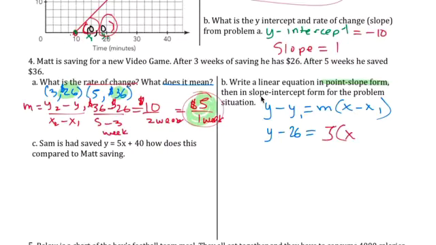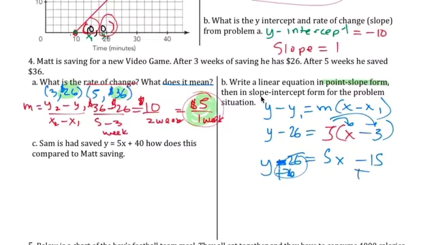X minus x sub 1, which is 3. Distribute first. 5x minus 15. Y minus 26 makes 0 by adding 26. Get 11. Positive.